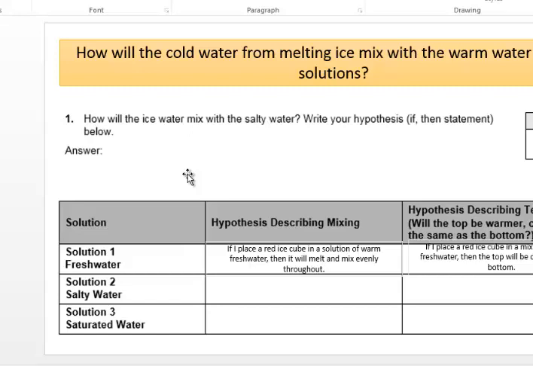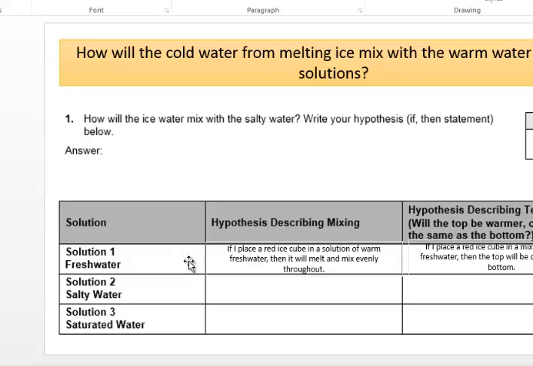But how is that going to interfere with 1, the mixing, and 2, the temperature? So I have placed a hypothesis on the board for the mixing and the temperature of the fresh water. You will do your own hypothesis for salty water and saturated water.